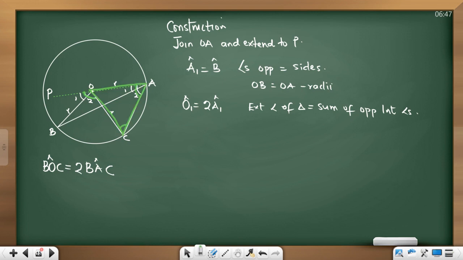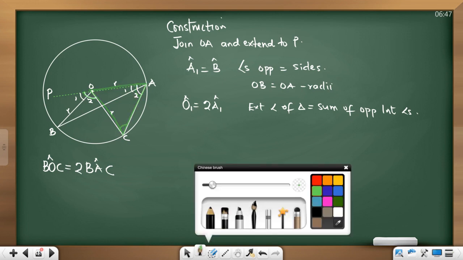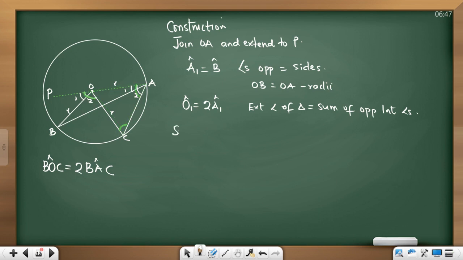O2 is the sum of this. So we're still actually referring to the same thing all along. Similarly, the write-up is exactly the same: O2 is 2A2.